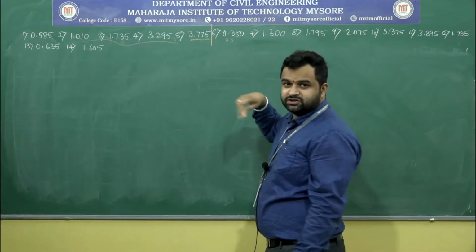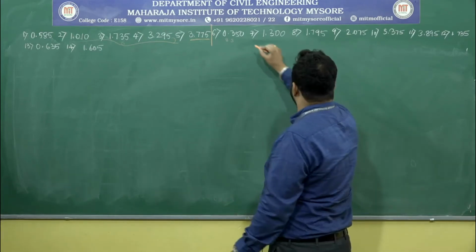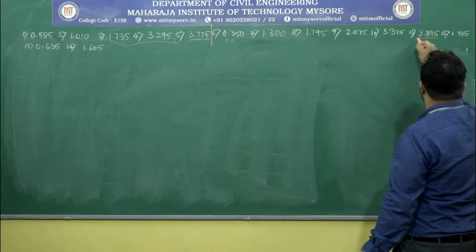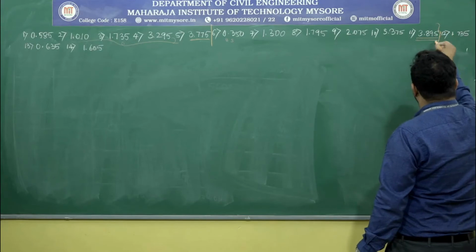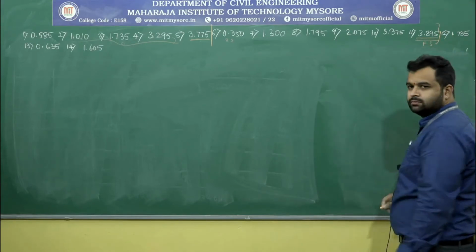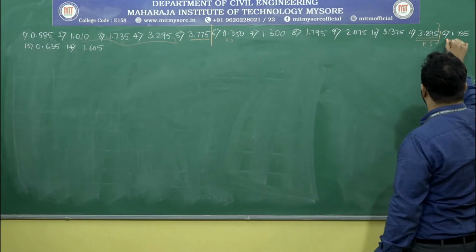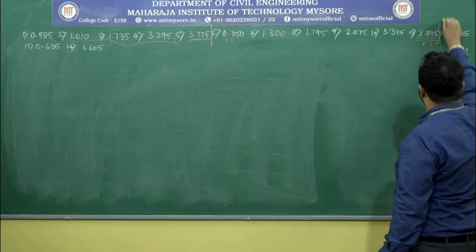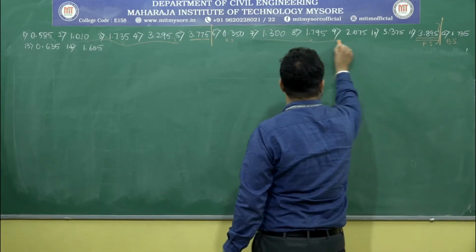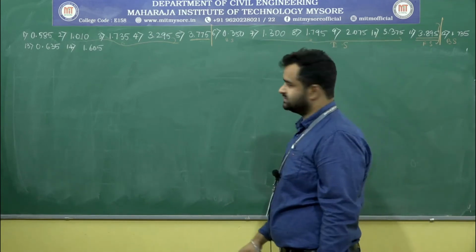Okay. Now the instrument is shifted after 11th reading. So 6, 7, 8, 9, 10, 11. So after this reading the instrument was shifted. So it denotes FS, and the next reading should be written as BS, and these readings in between should be written under IS.